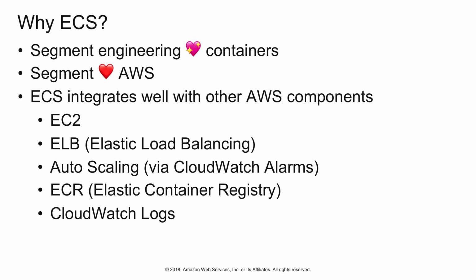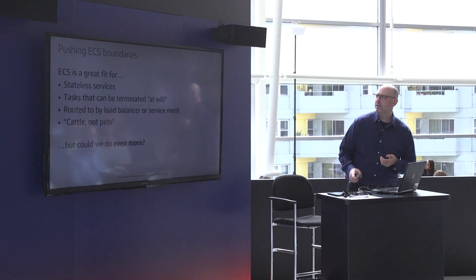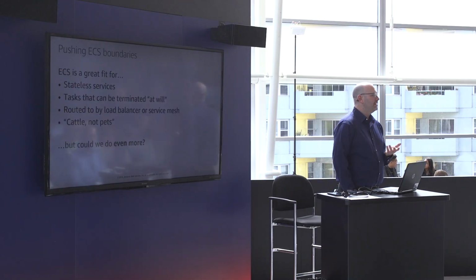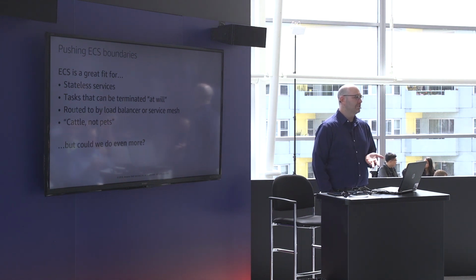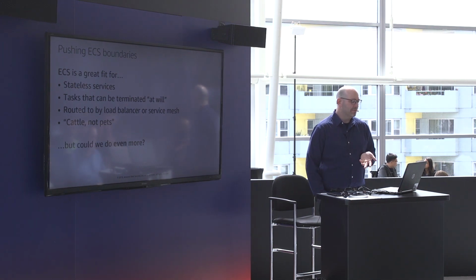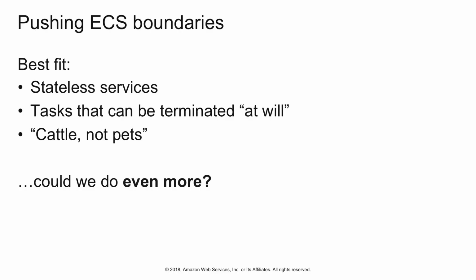So EC2, for example, elastic load balancing, autoscaling, ECR, which is the private container registry, and CloudWatch logs. If you're not already using ECS, it is a container management system that's used to handle deployments of both tasks and services. It's a great fit.